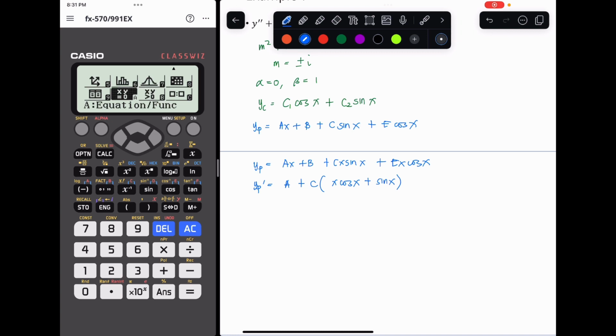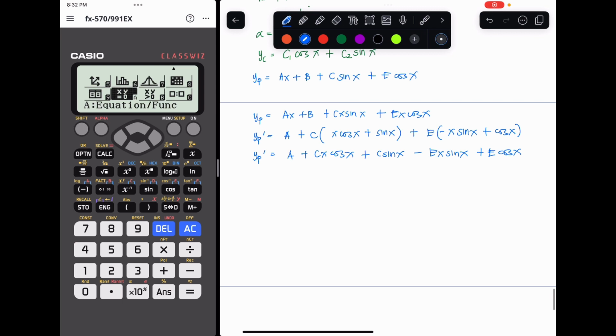And then for this one, plus e times x cosine x: e cosine x, and its derivative is negative sine x, then plus cosine x. So yp prime is a plus cx cosine x plus c sine x minus ex sine x plus e cosine x.